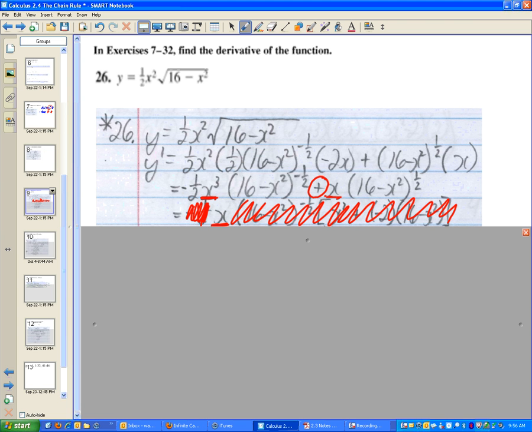Then I see this quantity both places. So I have a common factor of 16 minus x squared. The question is, which exponent do I use when I factor it out? The big one or the little one? The little one. Always use the smallest exponent. So I factor out a 16 minus x squared to the -1/2.